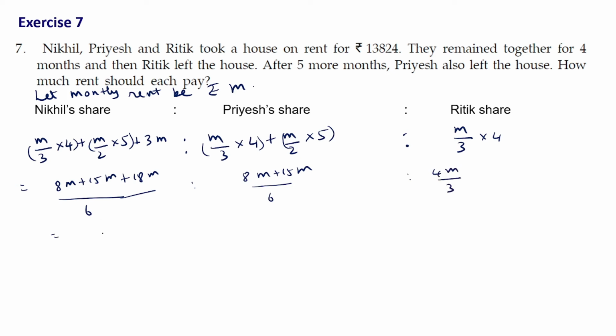Or this is equal to 41M by 6 is to 23M by 6 is to 8M by 6. Or this is equal to 41 is to 23 is to 8. So Nikhil's share is 41 out of this total, Priyesh's share is 23 out of this total, and Ritik's share is 8.